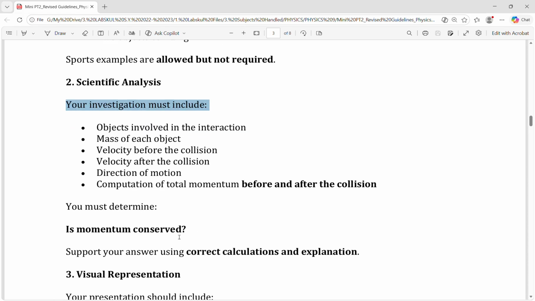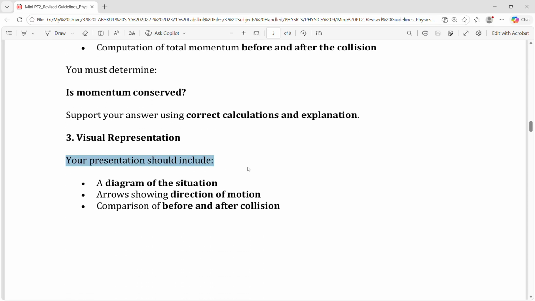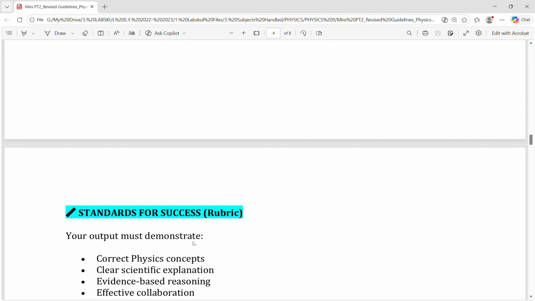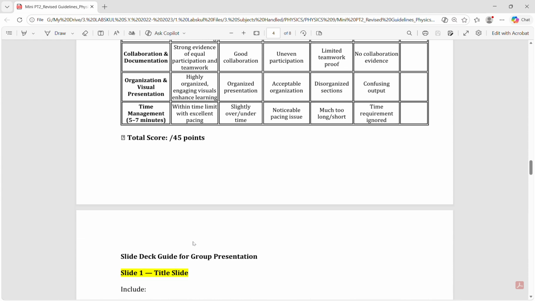Based on that, you determine whether momentum is conserved. This question can be answered by showing your correct calculations and explanations. Third is visual representation, because your presentation should include the diagram of the situation based on your demo, with arrows if any, and calculations comparing before and after the collision. Again, that is my rubric, so review it, since I discussed it earlier.